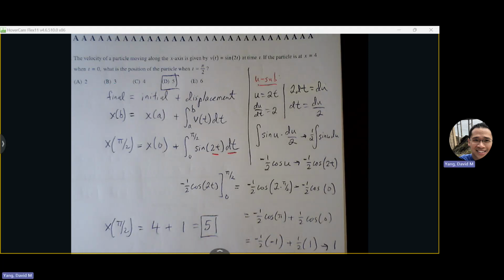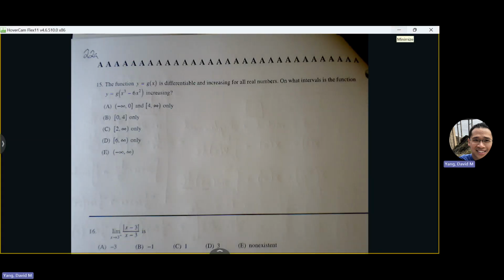Okay, page 22. The function y equals g of x is differentiable and increasing.